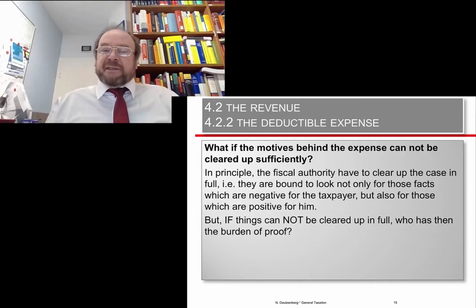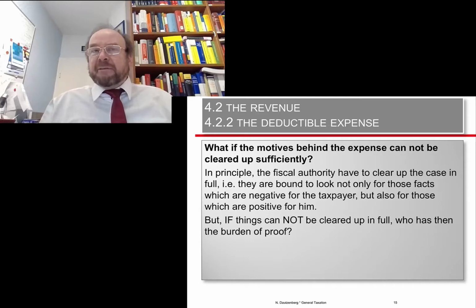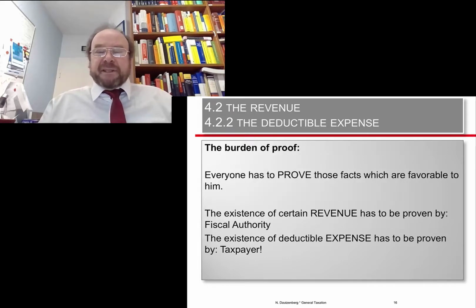Now, what if the situation can't be cleared up properly? So it's not clear if there were private motives involved too. In that case, there is something which is called the burden of proof. If it's not clear how the situation was, then the general principle is everyone has to prove those facts which he or she brings forward in his own favor.